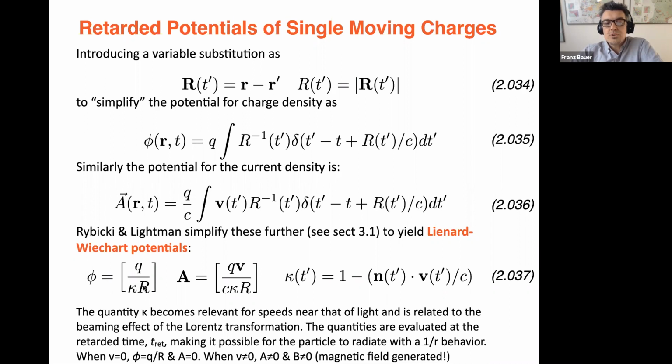This is 1, this is just q/r, and this is 0. So when the charge is stationary, there's no current, right? Makes sense? And we just have a charge. When this isn't 0, this isn't 0. And in fact, that ends up meaning that the magnetic field isn't 0. There's a magnetic field which is induced or generated from this movement.